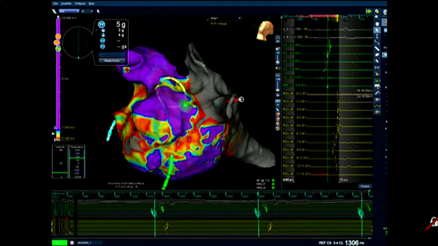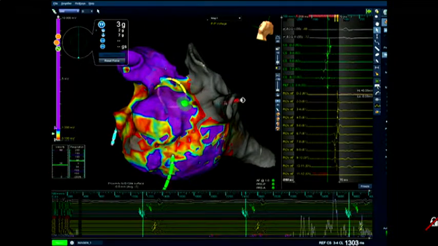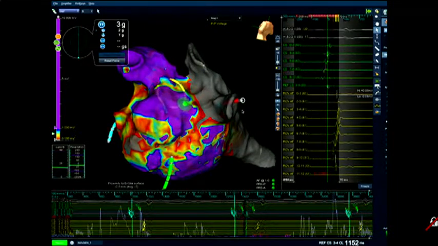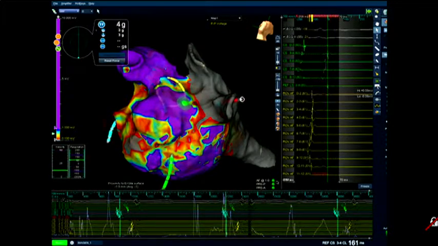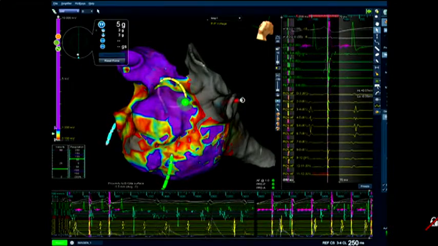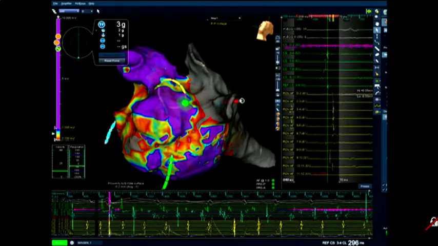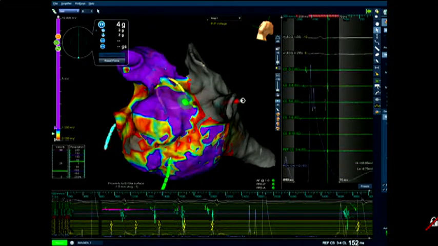Well, no, this is ablation. No, this is the guide wire. The green dot is the guide wire. The ablation catheter is in the pulmonary vein. Can you show me the signal that we are recording through the guide wire? So we are pacing. Did you pace? Well, I don't know what happened. Please don't pace.